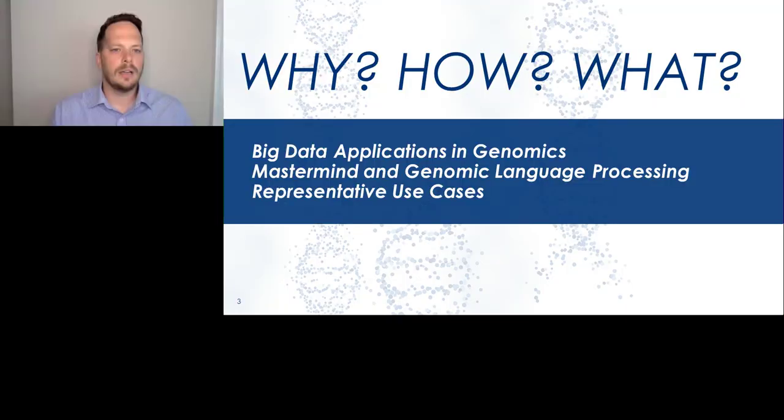So at a very high level, the subjects that I want to touch on today are the why, how, and what of expediting genetic variant interpretation through big data, by beginning with talking about big data applications, specifically in the context of genomics, then discussing how we bring that data to bear to provide value by talking a little bit about Genomenon's flagship product, Mastermind, and how it is driven from an automation and computational perspective by genomic language processing.